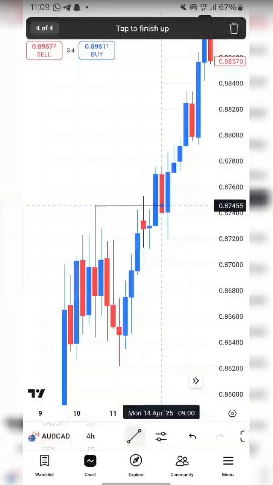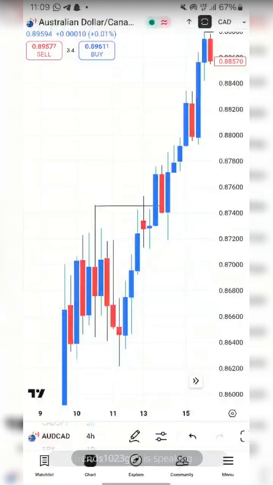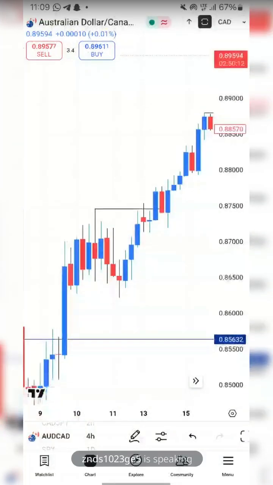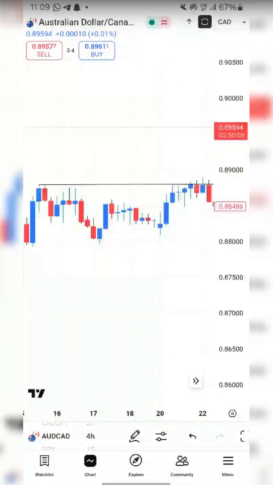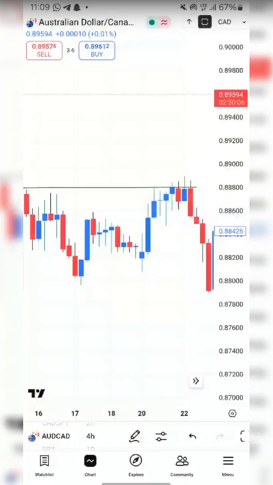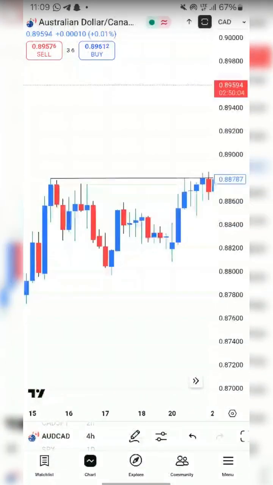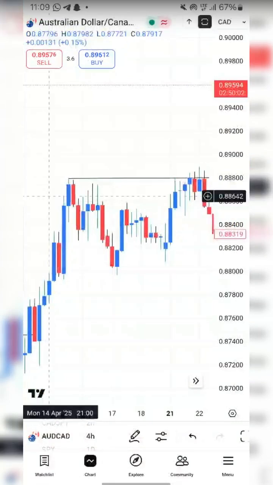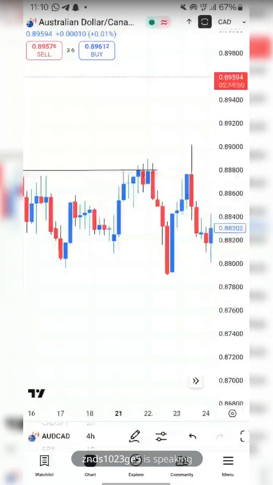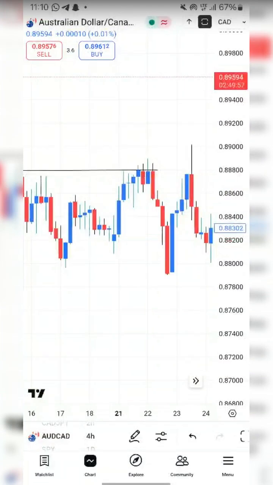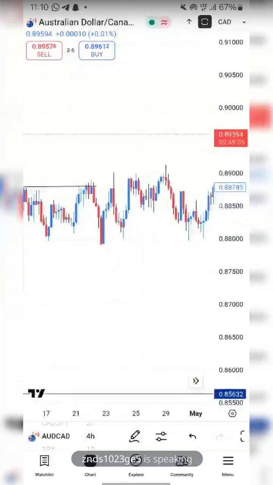This one is a break of structure because it broke with the body of the candle. But this one is not, because we only have the wicks of the candle above the current higher high. Hope you understand now.